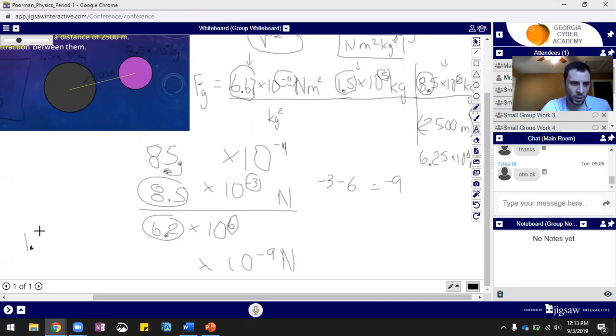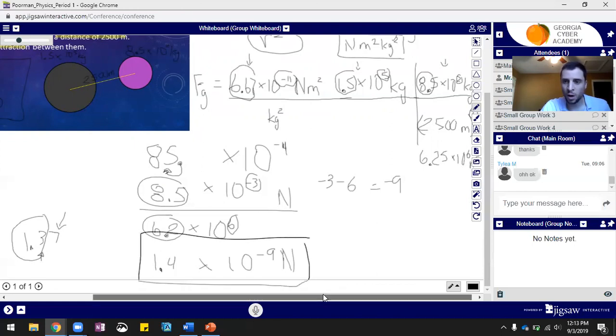So 1.37 gets rounded. We look at this 7, and 7 is closer to 10 than it is to 0, so we round this 3 up. So it becomes 1.4 times 10 to the negative 9th newtons. And that is the answer for our problem 2.